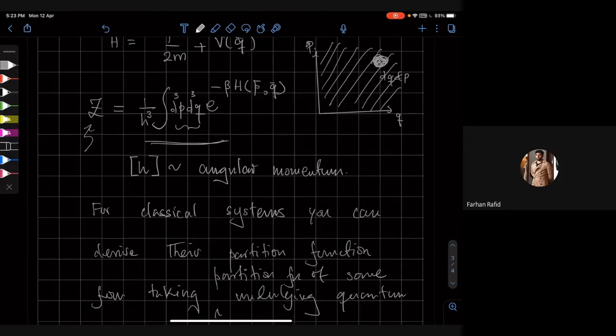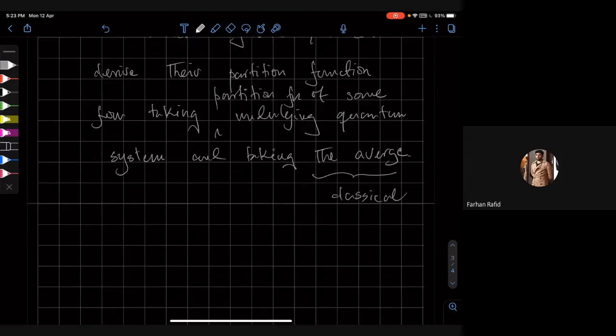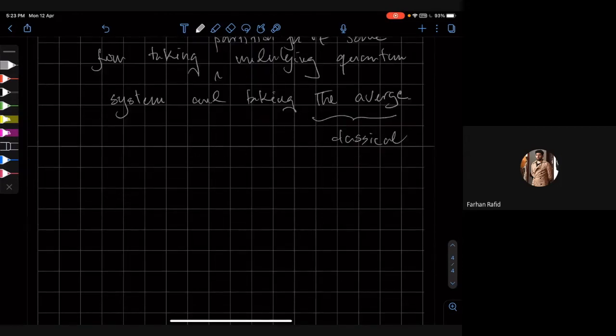If you look at the progeny of the classical partition function, that it's coming from quantum systems, then we can argue that this constant, which has the dimension of angular momentum, is nothing but Planck's constant. And in modern notation, it should be expressed as 2 pi h bar, right?